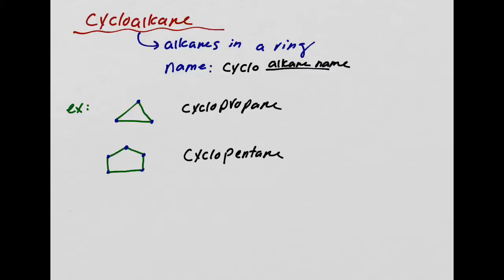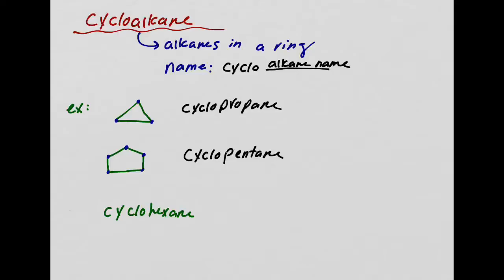Okay. Now, let's do this the other way. You ready? This is kind of cool. Now, let's say I want you to draw cyclohexane. How would you draw cyclohexane? Okay, pause me and draw this.